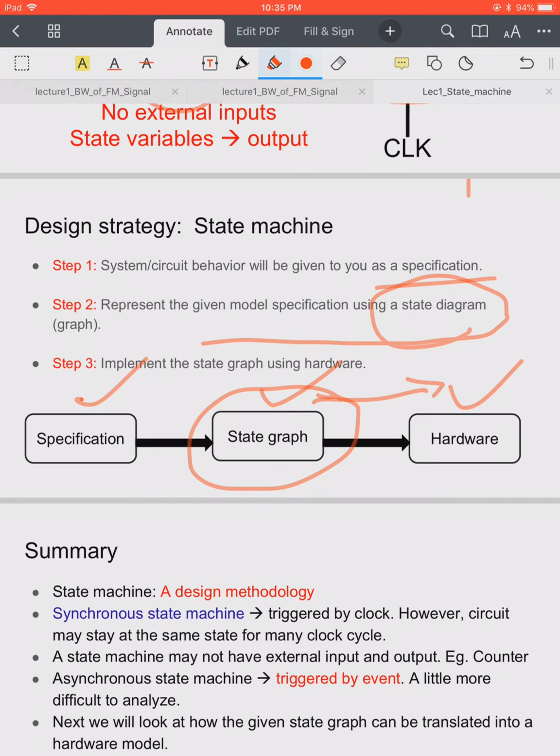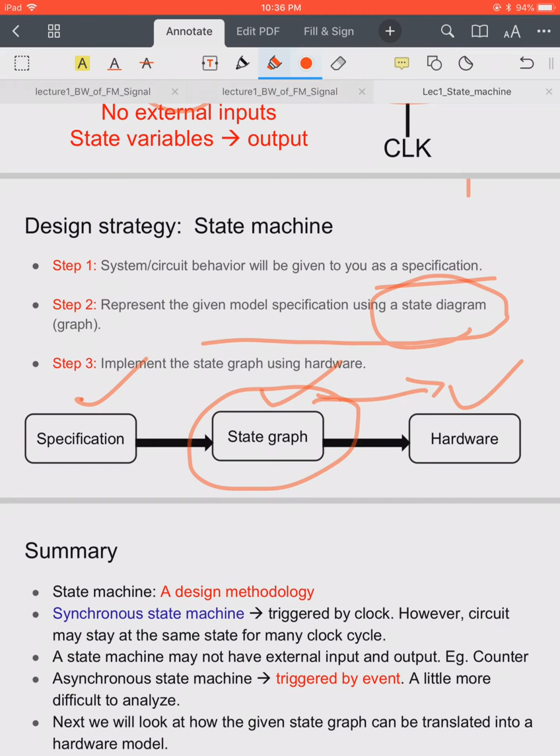You only need to design it using the excitation table of the flip-flops and the combinational logic. We'll discuss various examples of how we can design the hardware model from the state graph in the following lectures, in more detail.